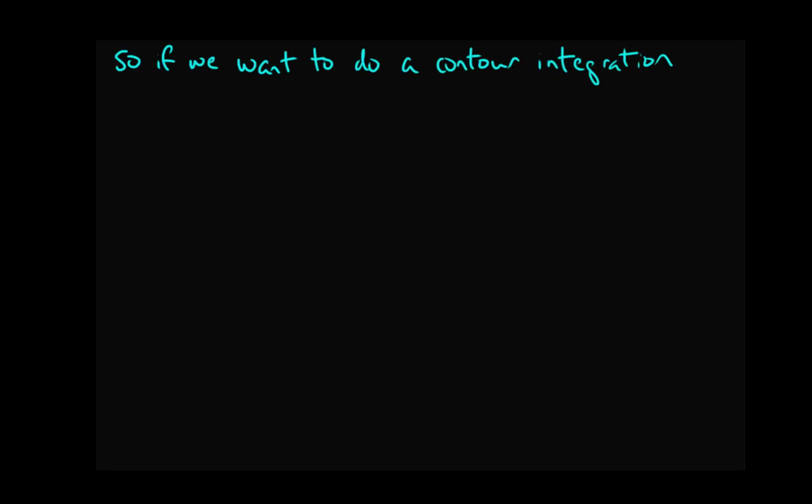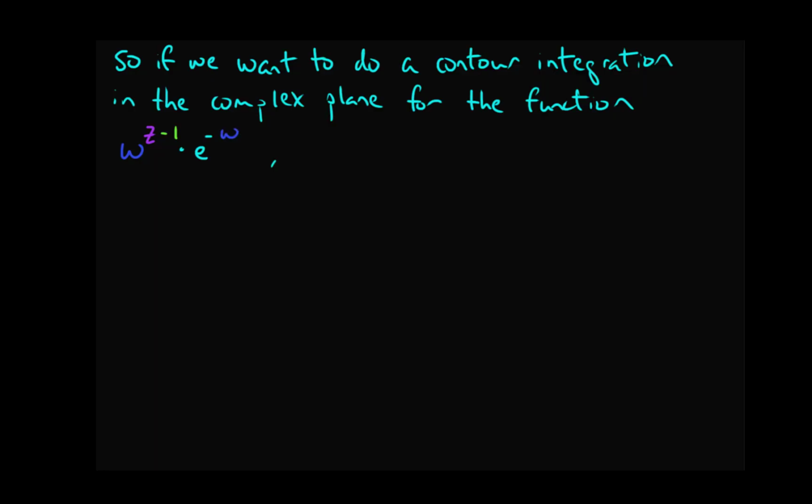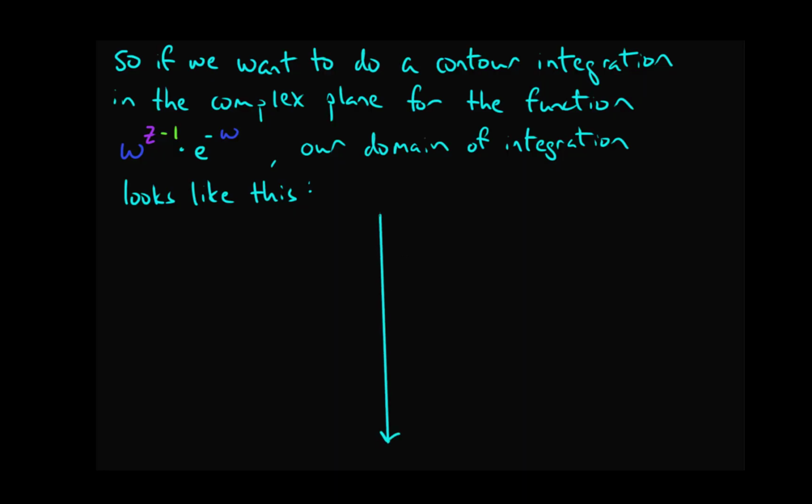If we want to do a contour integration in the complex plane for our function w to the z minus 1 times e to the negative w, our domain of integration looks like this. Here I'll draw our coordinate axes, and I'll label them x and i times y. And we have a branch point at the origin.